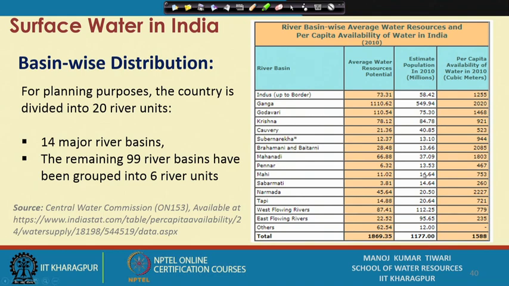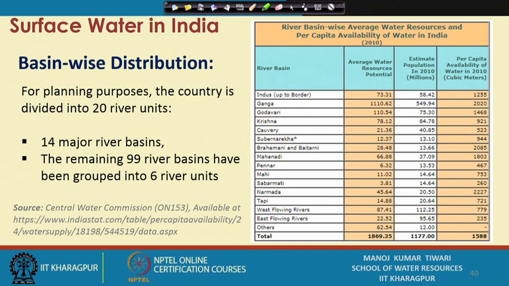Population wise also, if you see, the Ganga is the one which is feeding most of the population, of the order of around 550 million people, which primarily includes UP, Bihar, West Bengal and of course Uttarakhand, from where it originates. Okay.